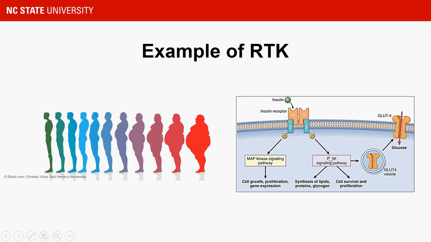One of the downstream pathways will tell the adipocyte to translocate glucose transporters to the cell membrane, which allows the adipocyte to take in a lot of glucose. And the glucose going into the adipocyte will then be transformed into fat. So next time when you stand on a scale and notice that the number is increasing, you can blame the insulin receptors on your adipocytes.